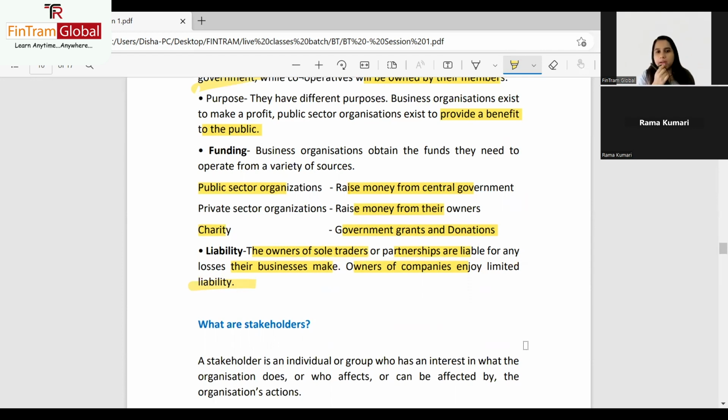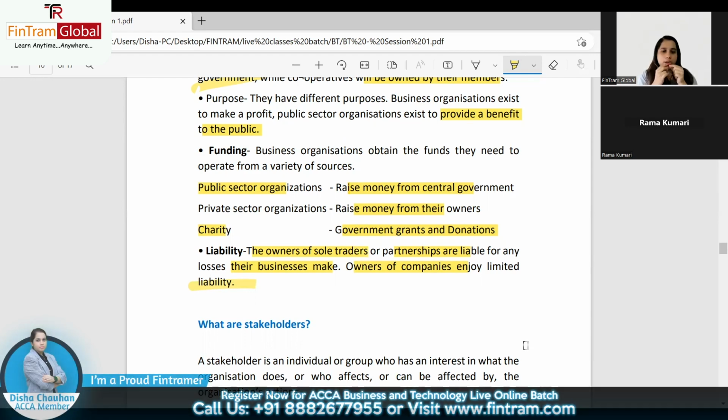If the company goes bankrupt, they will probably just lose the money that they had invested. But in case of a sole trader or a partnership, they are going to be liable for any loss the business may make, because there is no separate legal entity. That's why the liability is different. So this is a distinguishing feature. Is it clear?